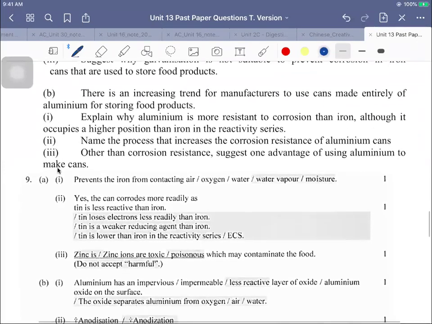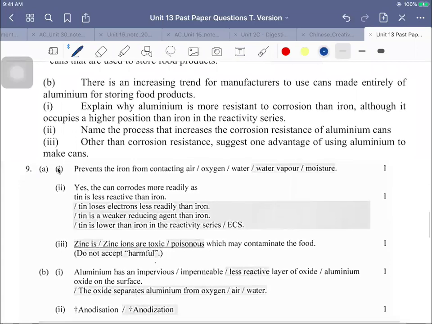Then part B, why aluminum is more resistant. The keyword I'm looking for is impermeable, because the oxide layer is impermeable to oxygen and water, and also that it has that oxide layer on it. I'm looking for those two things to give you the mark.